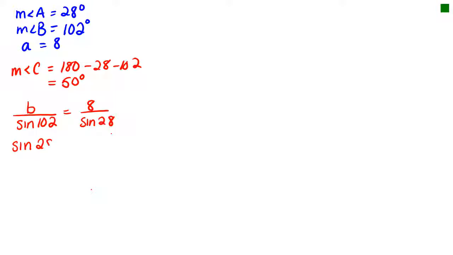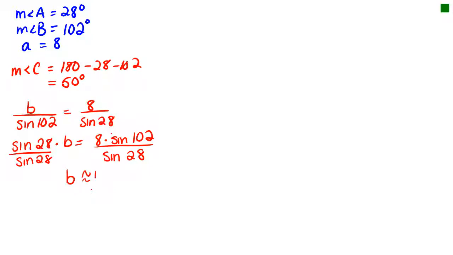Sine of 28 times B equals 8 times sine of 102. Divide by the sine of 28. Put that in the calculator, and I get B equals, well, it's about 16.7.